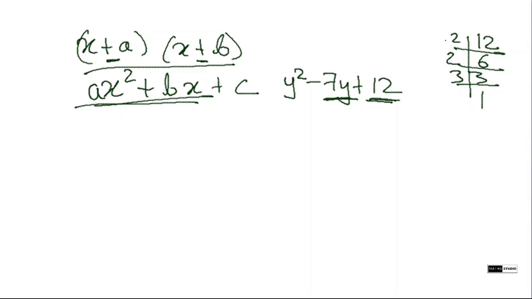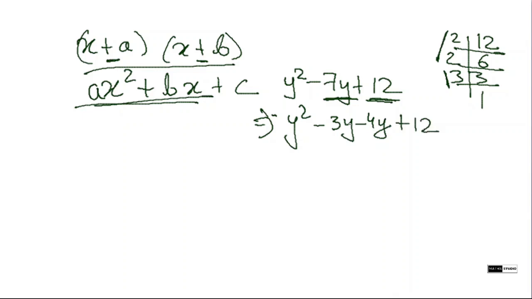So what do we do? 2 into 2, 4 and 3. That is okay. That is one way. And what we can do further? y square minus 3y minus 4y plus 12.